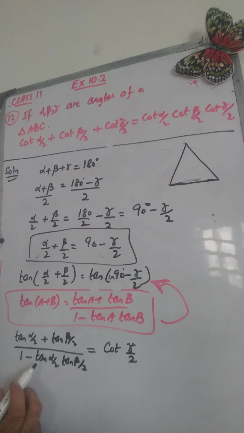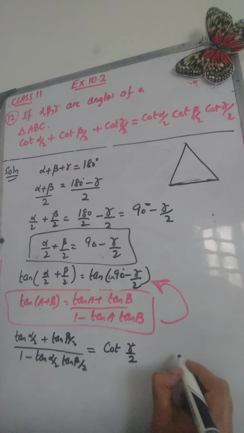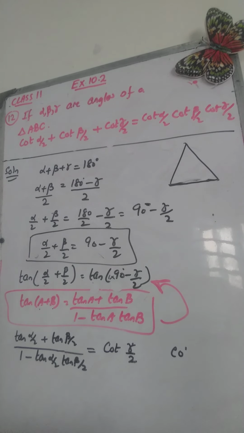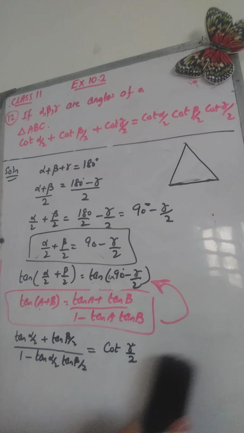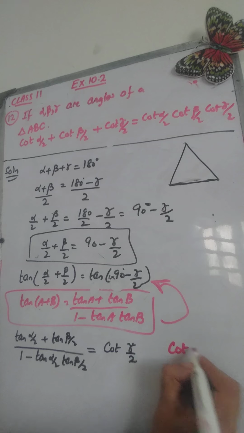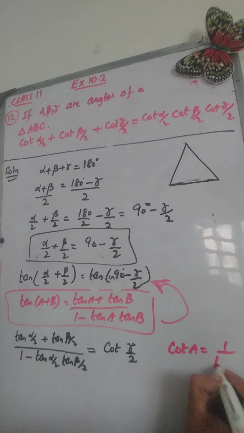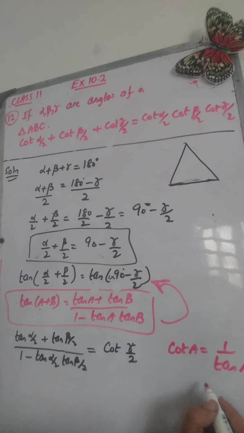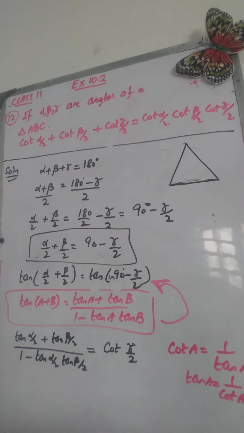Now in this expression we have cotangents on the right, and over here I have tangents. So I am going to write it in the form of cotangents. We know that tangent alpha by 2 will be the reciprocal of cotangent alpha by 2. Cot A is equal to 1 over tangent A, so tangent A is equal to 1 over cotangent A, because they are reciprocals of one another.